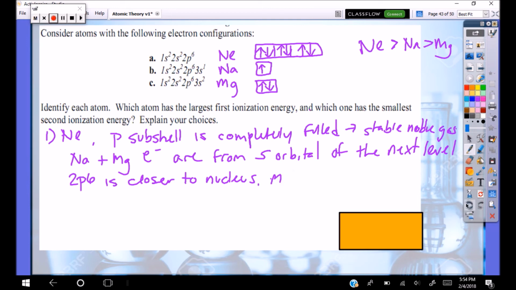Or actually, we know that because it's closer to nucleus, attraction is greater, right? And therefore more tightly held, and therefore harder to remove.